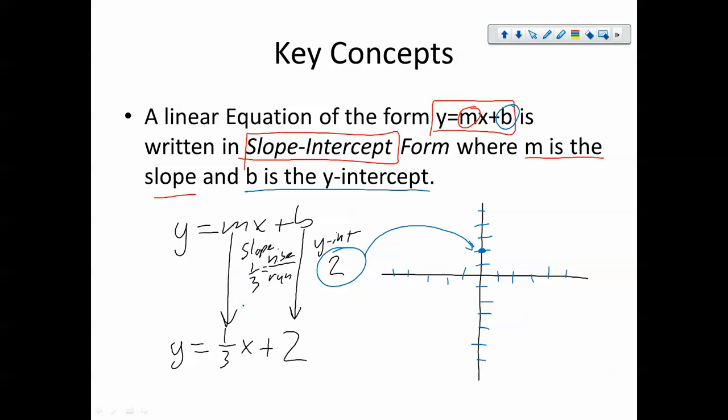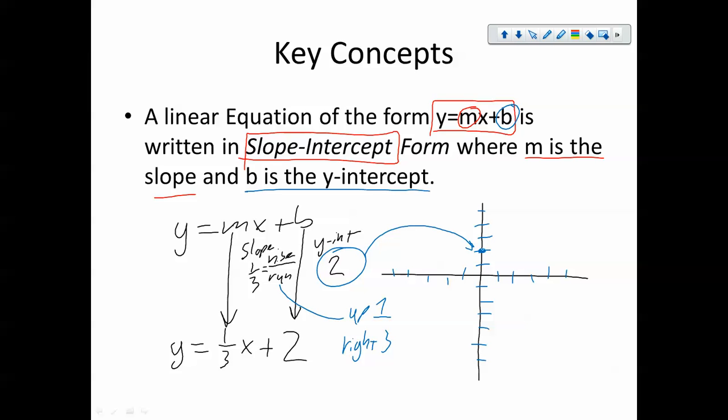And the slope is the rise over the run, meaning I'm going to go up 1 and right 3, because that's a positive 1 and a positive 3. So on the y, I'm going to go up 1, and on the x, I'm going to go right 3.